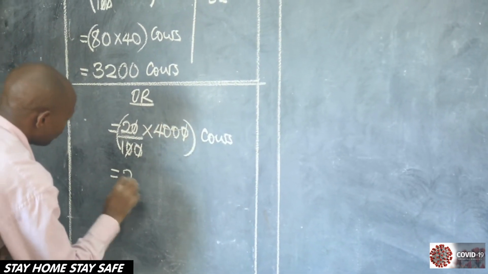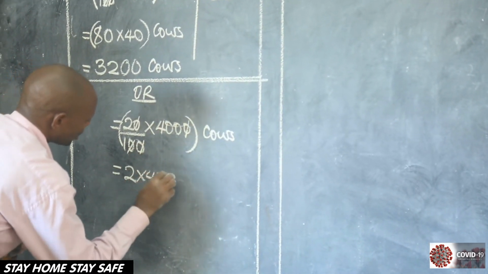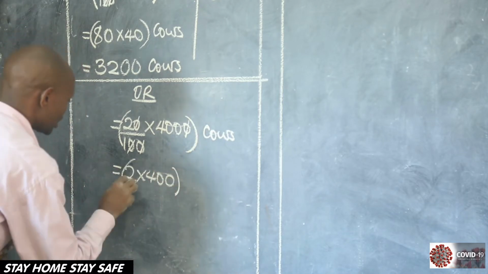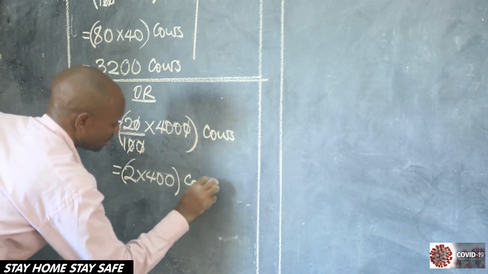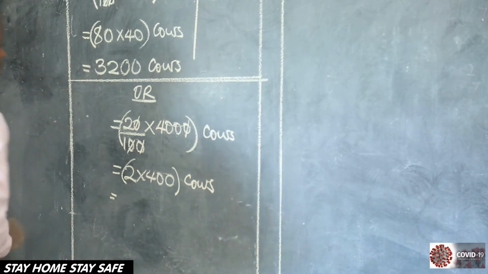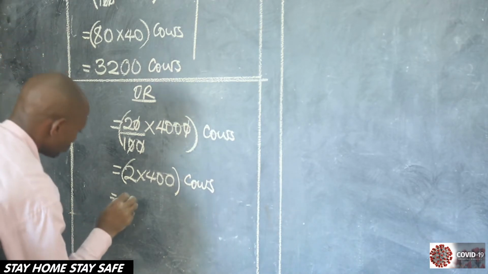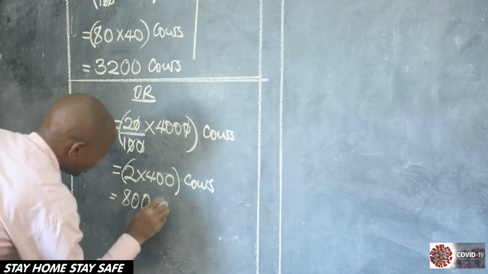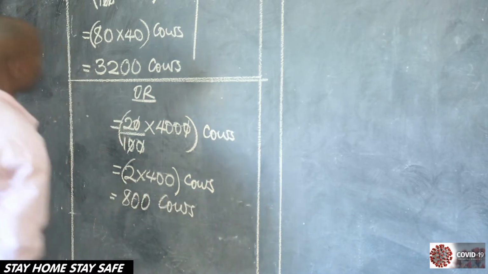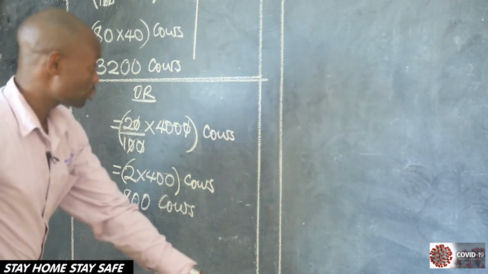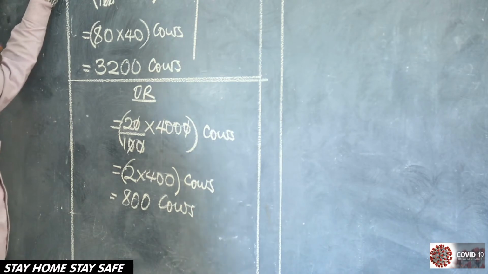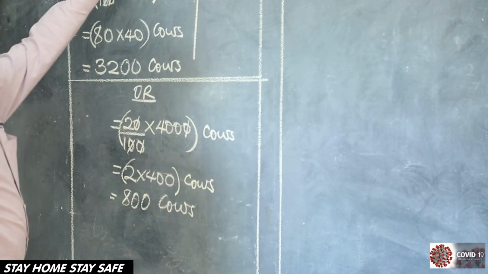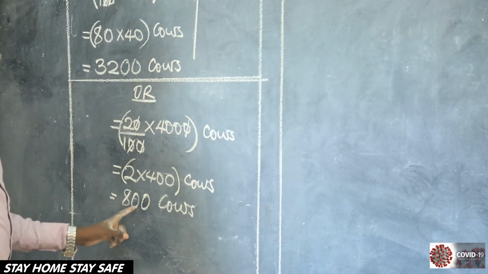So we shall have 2 times 400. And these ones are cows. And your vertical multiplication is going to give you 800 cows. But remember, they have told you to decrease. So if I tell you to decrease 4,000 by 800, what do you do?